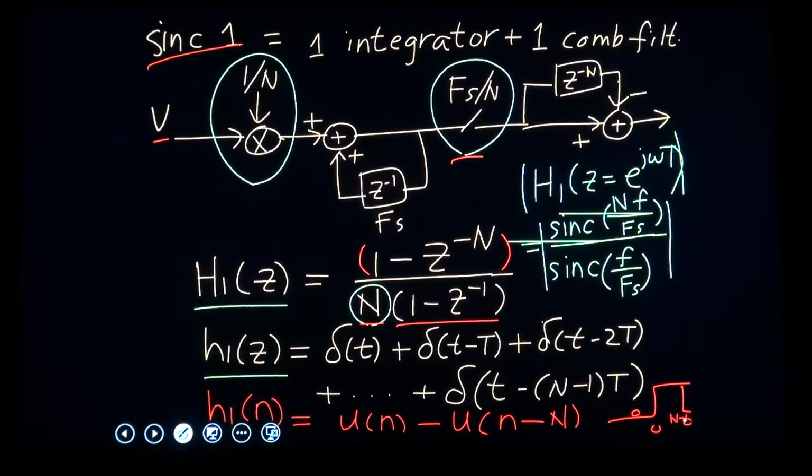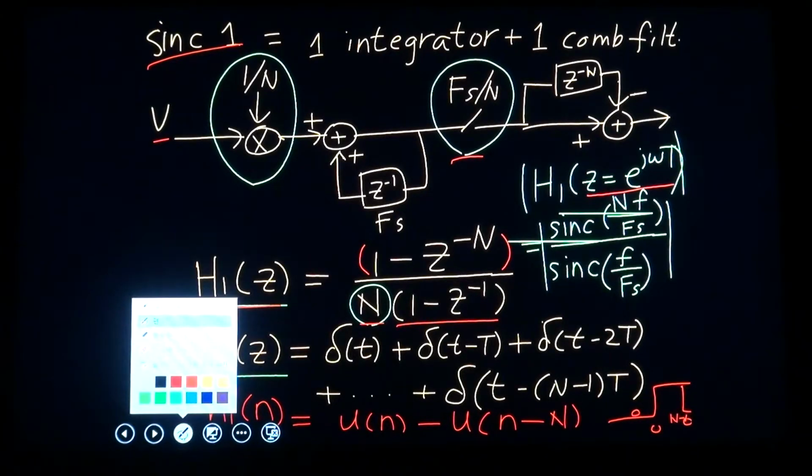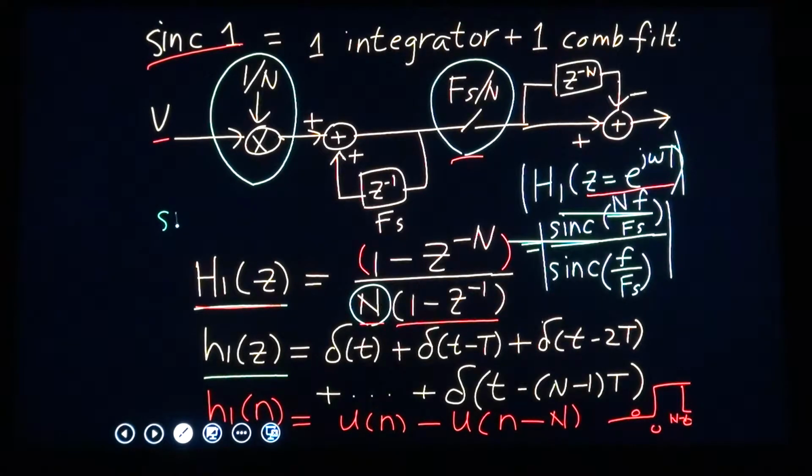Let's just see. This H1 of z can be further represented in this sinc function format. So we substitute z equal exponential j omega t, and then this is sinc n f over fs divided by sinc f over fs. Sinc function is defined as sinc x is just sine pi x over pi x.